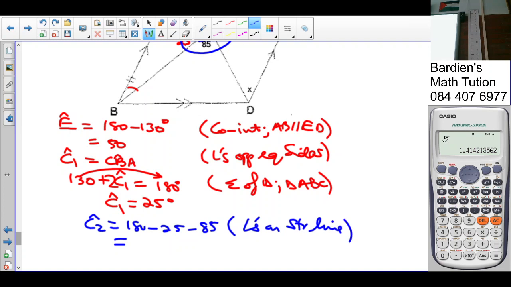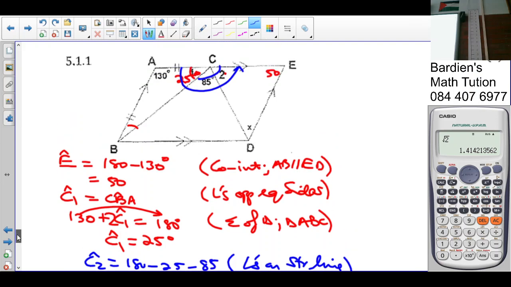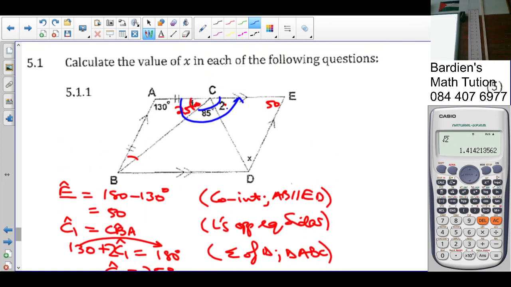Work out that angle. Yes? 95, 75, 70. Okay, 70 degrees there. So now we're going to calculate x, sum of angles in the triangle.